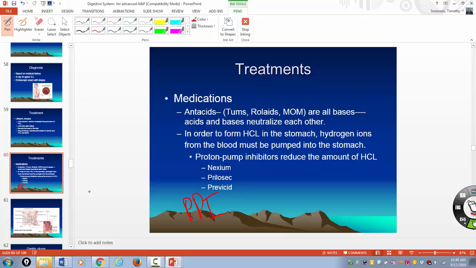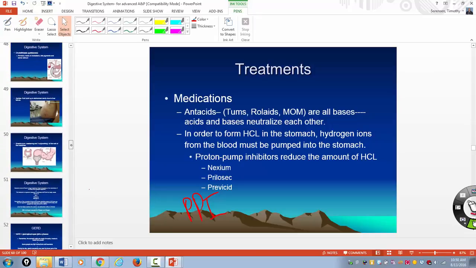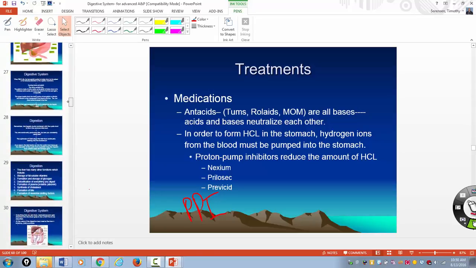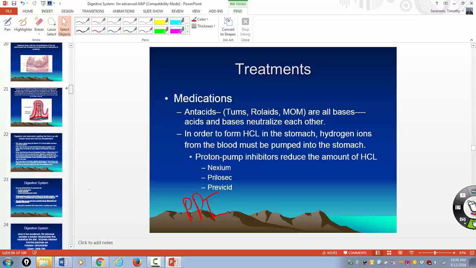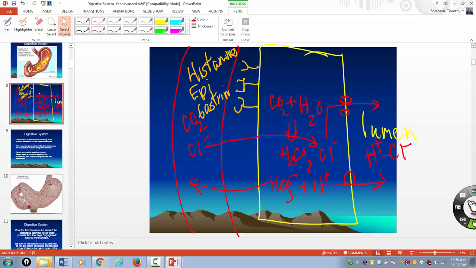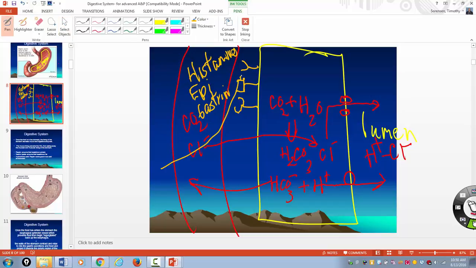The relatively older generation of acid reducers deals with these receptors. One of the things that can stimulate the production of hydrochloric acid is histamines. So you have these receptors in your parietal cells called H2 receptors.